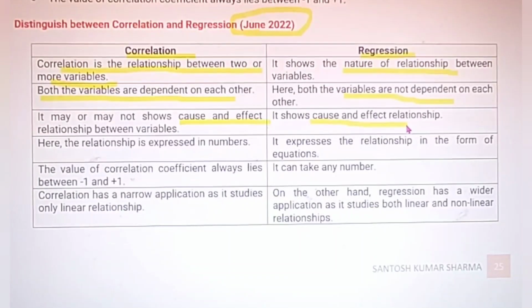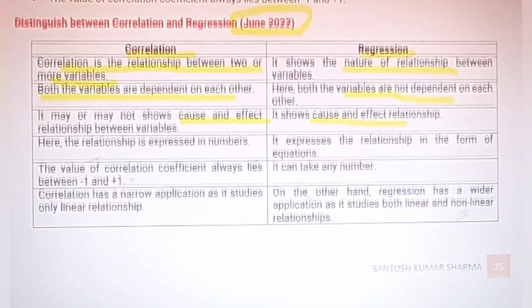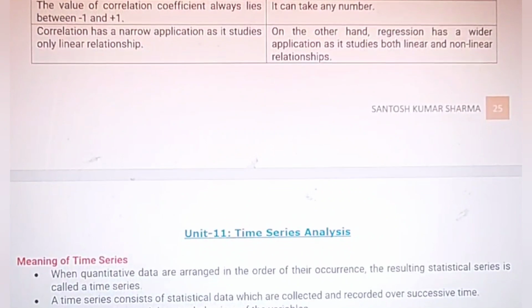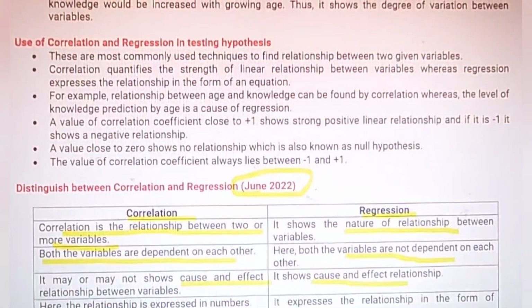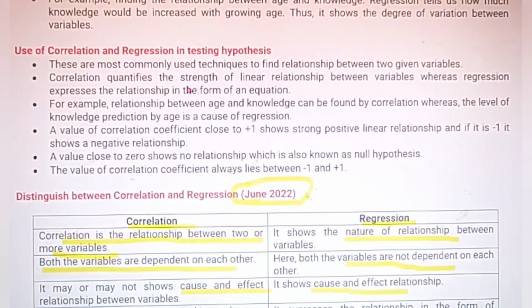In fact, you will understand better from a good example which I have written here. Now in this example, you can see, for example, the relationship between age and knowledge can be found by correlation, whereas the prediction of the level of knowledge is done by regression.